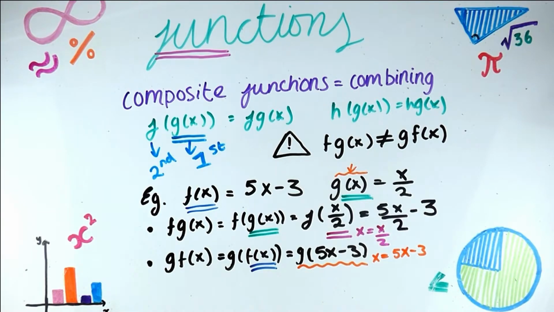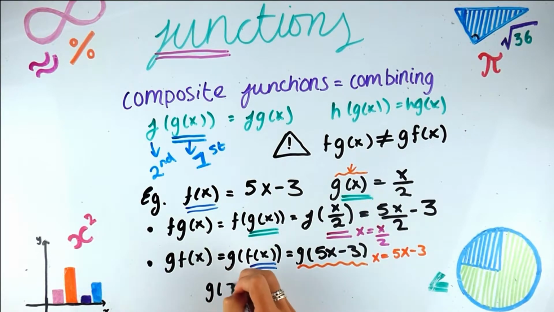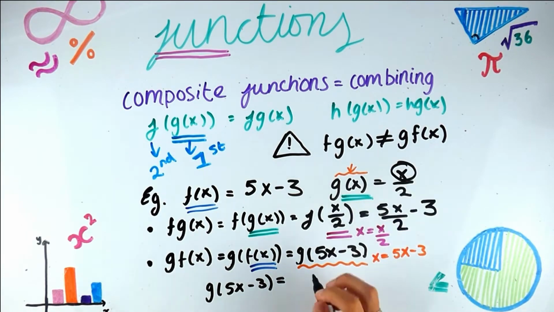So our input is 5x minus 3 in the factory, that's all it's saying. So g of 5x minus 3 is, we have x here, so that's getting replaced with 5x minus 3, and then that whole thing is divided by 2. So I hope that makes sense.